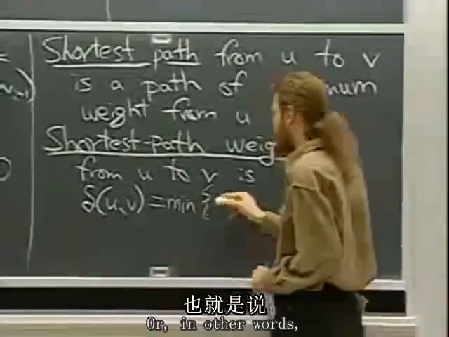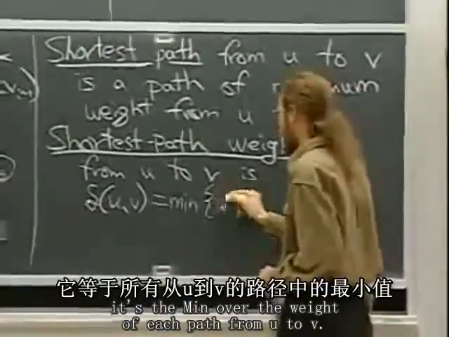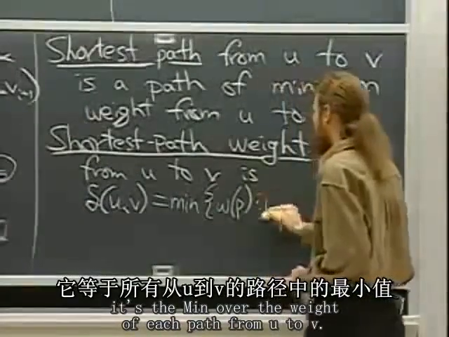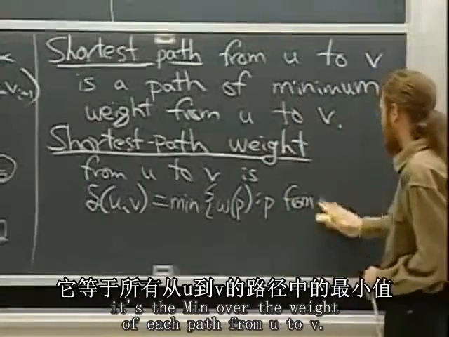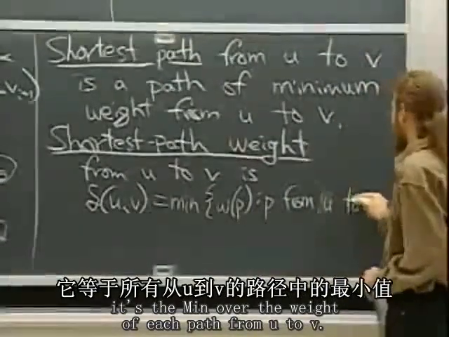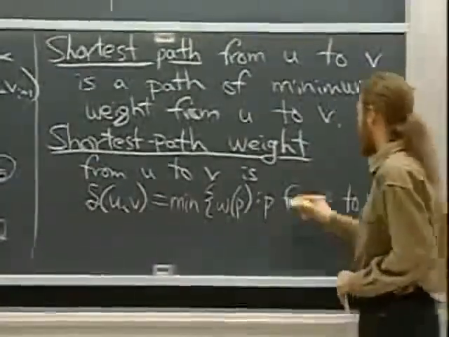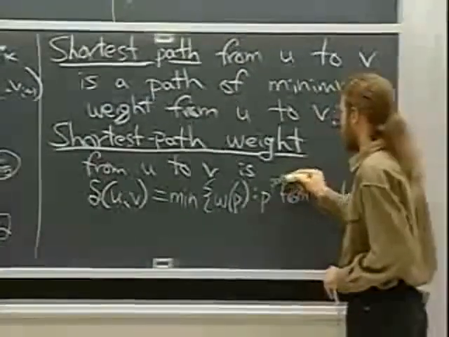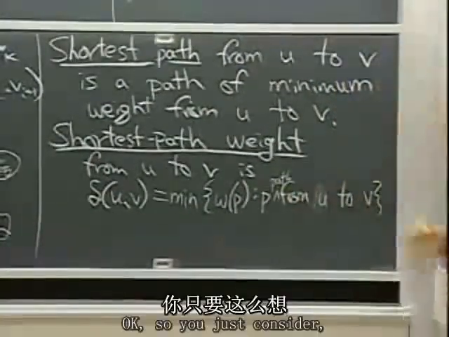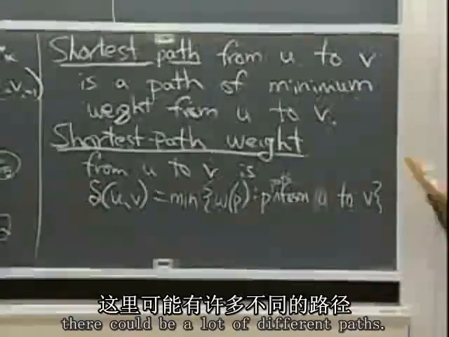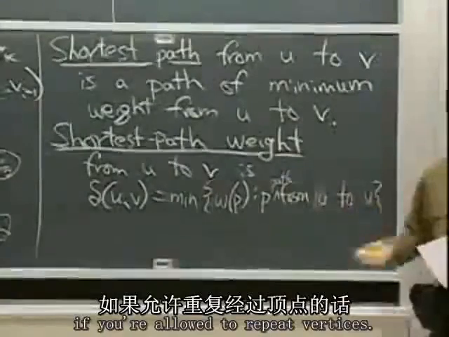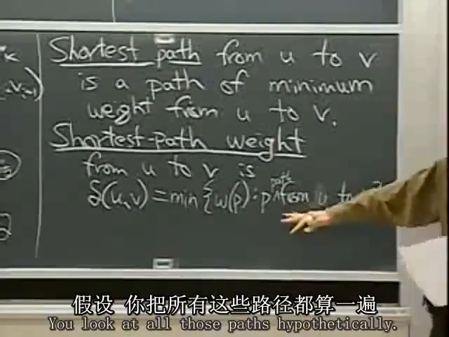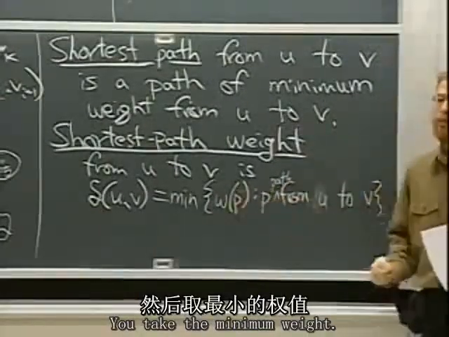Or in other words, it's the min over the weight of each path P from U to V. So P here is a path. You consider, there could be exponentially many different paths. There could, in principle, be infinitely many if you're allowed to repeat vertices. You look at all those paths, hypothetically, and you take the minimum weight.